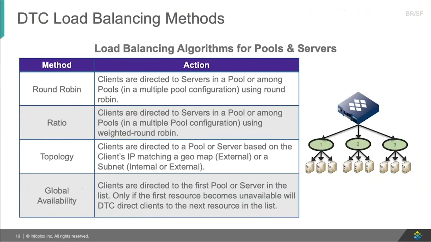Being able to do global availability, where everything goes to one server or one data center or one geo, if it's a DR scenario. So everything goes to site A until it fails, and then you roll over to site B. Some people like to do topology based, where you're doing it based on your geo or based on your network. And some people just like to do round robin, pretty simple load balancing.